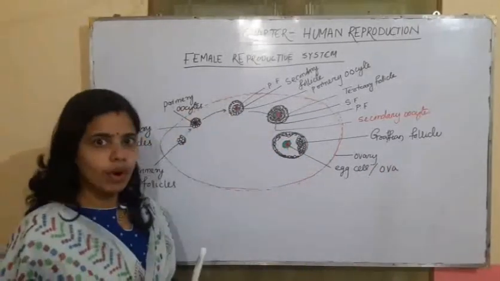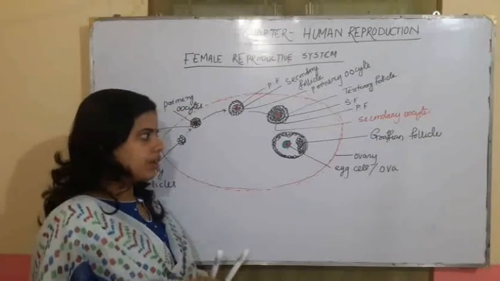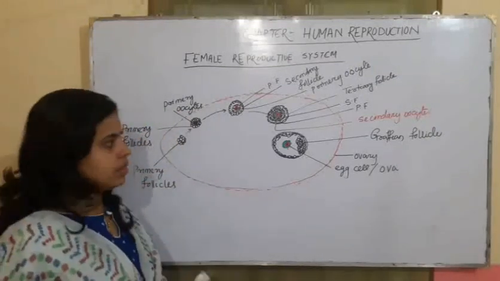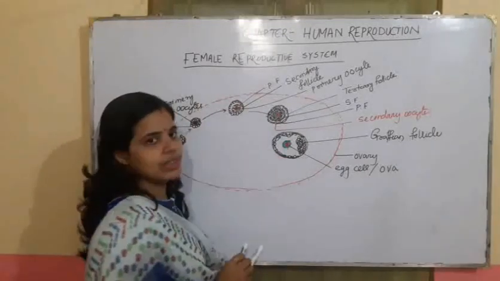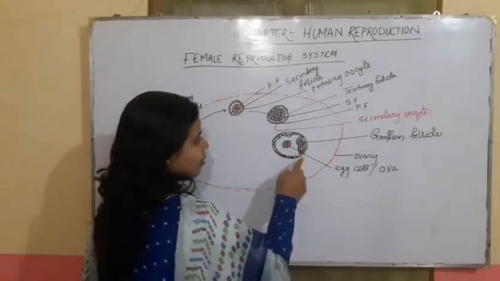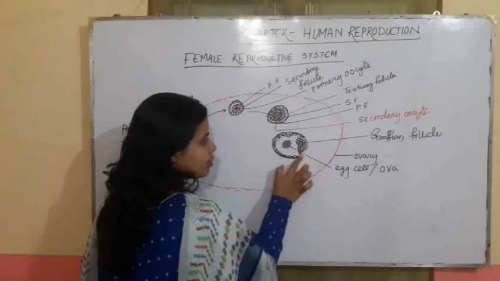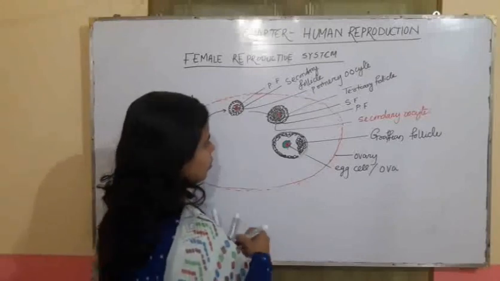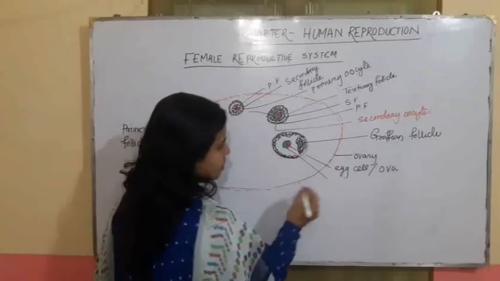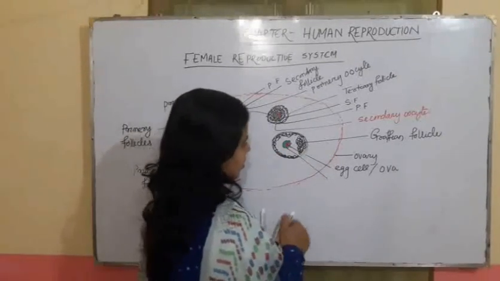The exact word is required for the fertilization process. So once all this ova formation takes place, the Graafian follicle undergoes a rupturing process. It will rupture out and the ova will be released. It comes out of the cell.